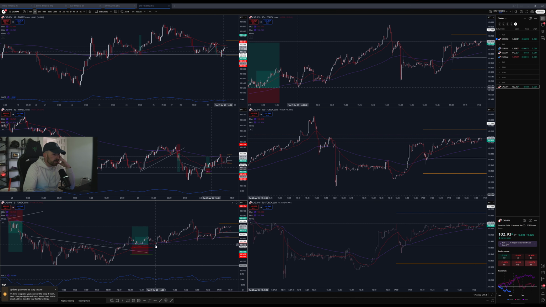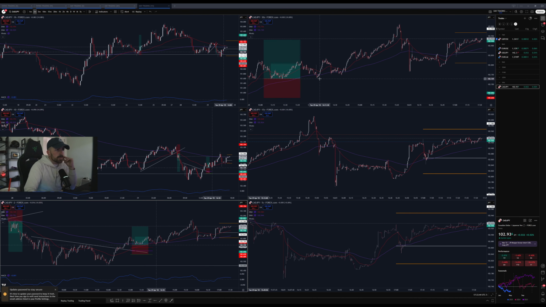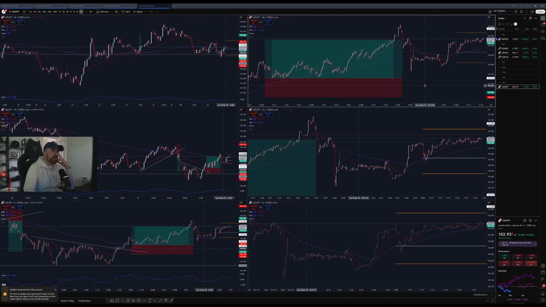But if able to survive this right here, then the trade ultimately ends up playing out. But there's a possibility it probably would have closed for break even right there with the spread. Just depends. If you went straight break even, I think it would have closed right here. If with no management though, and you just enter the trade and let it play out and do its thing, it would have been a 2R.